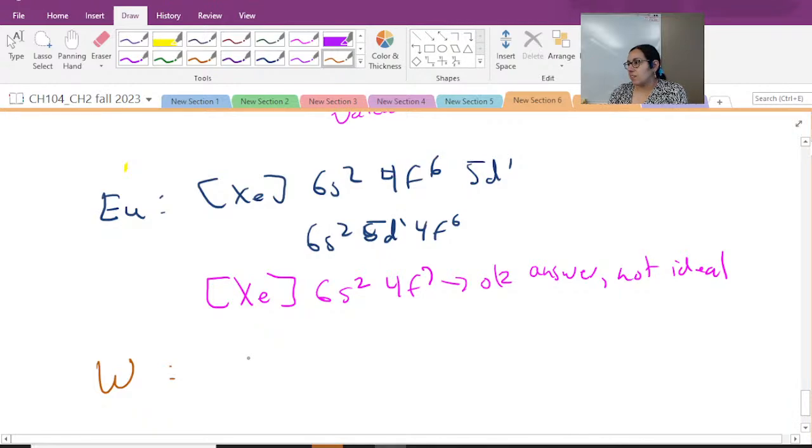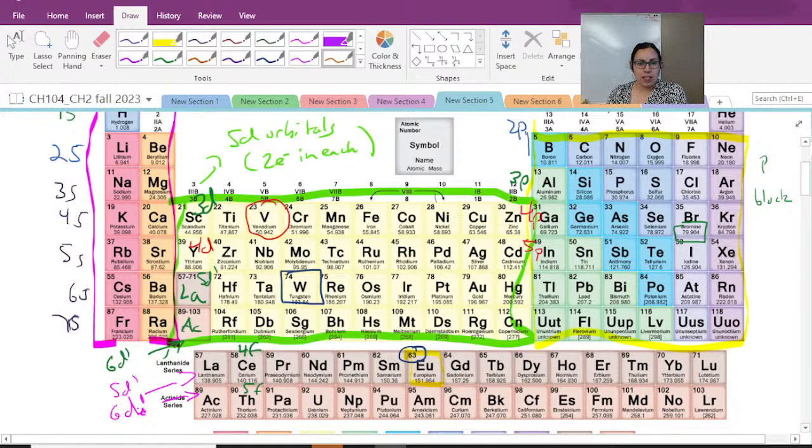So there's some flexibility, so I'm not going to be upset whether you swap them. So you probably want to do the f and then the d. So what noble gas should we start with? So xenon, and then what happens after xenon?